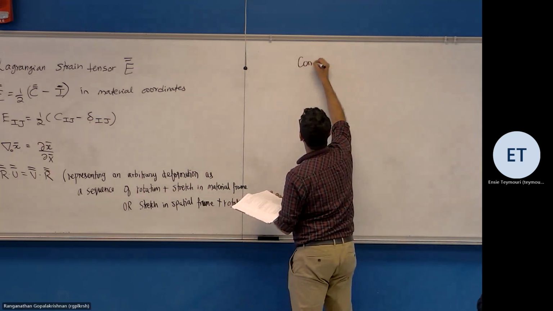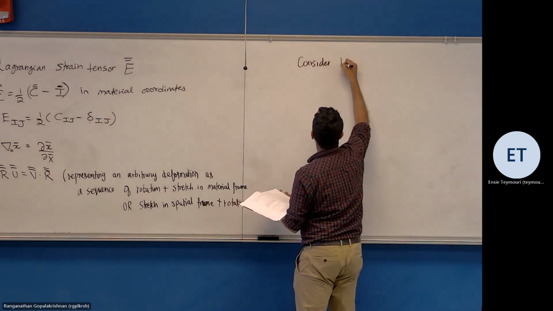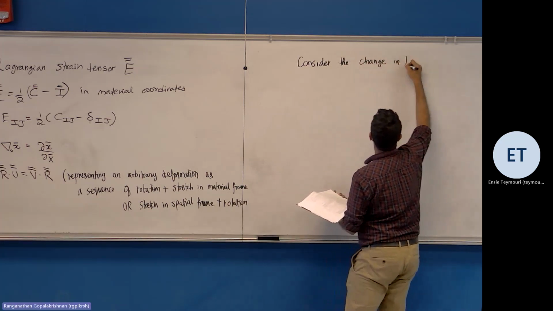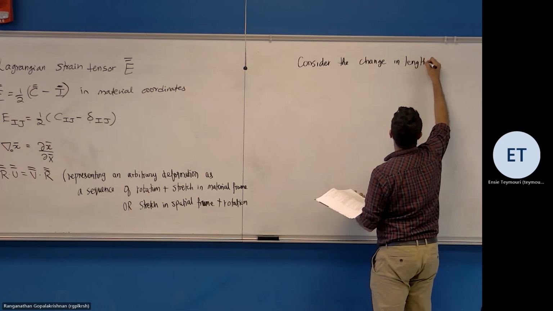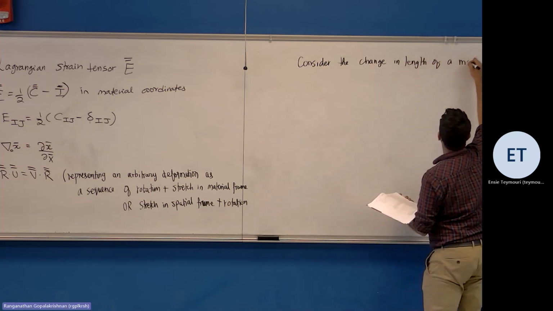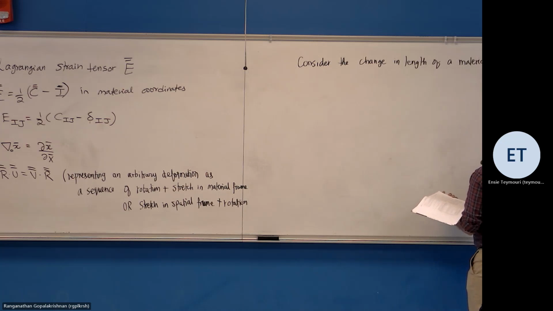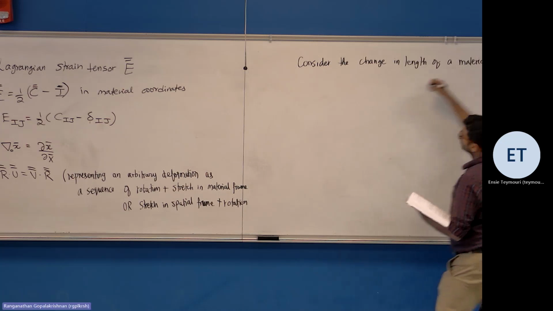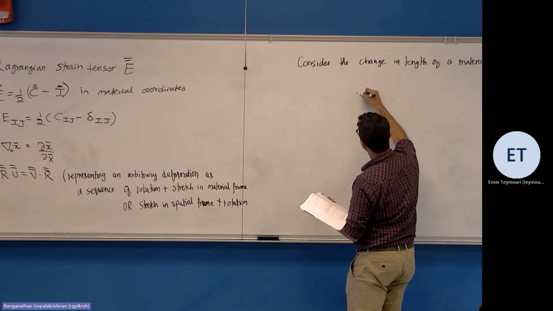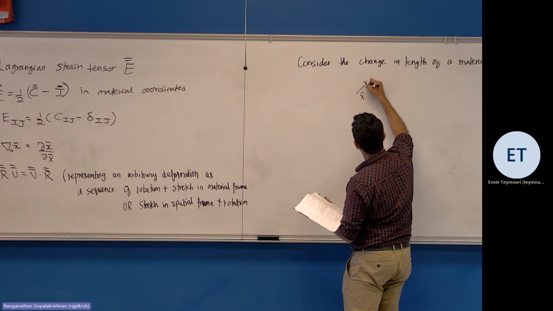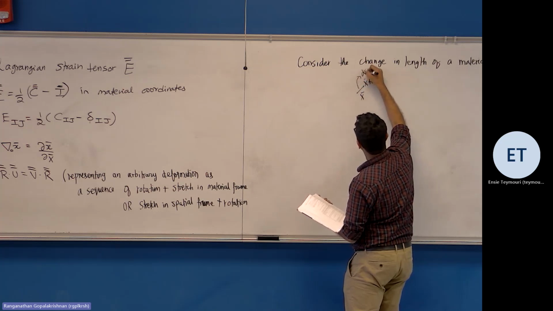Consider the change in length of a material vector. That is, if you have a point denoted as x, and you consider the change in position, this would be x plus dx, and this vector would be dx.